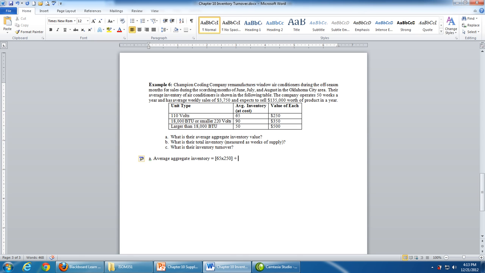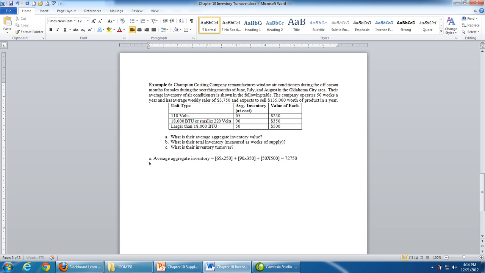Plus the second product, 90 times 350. Plus the third product, which is 50 times 500. Okay, so that we call aggregate inventory, which is equivalent to 750 dollars.